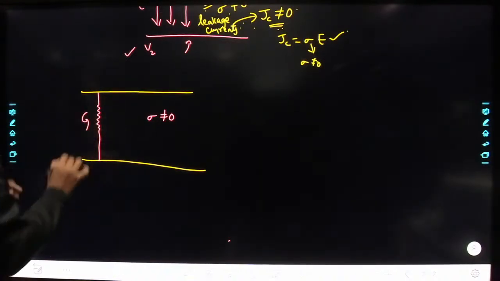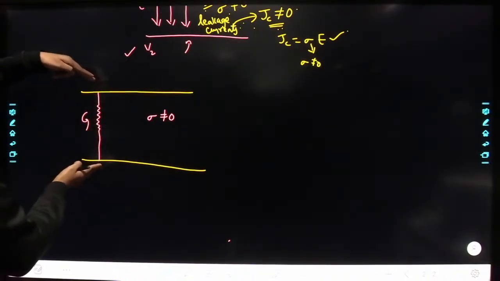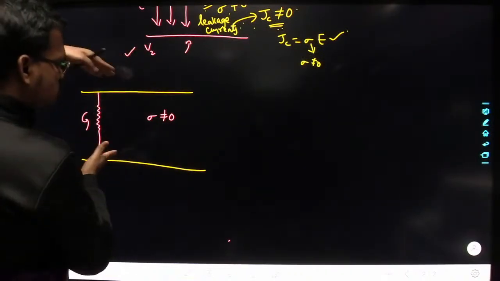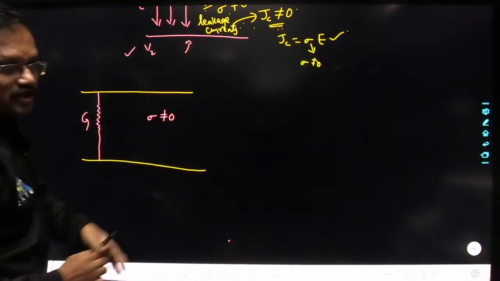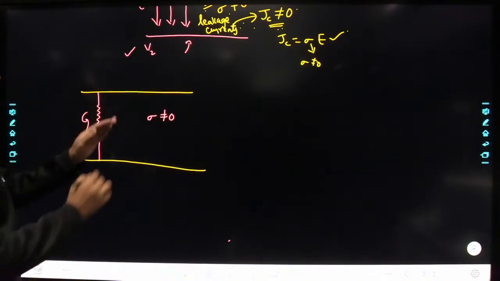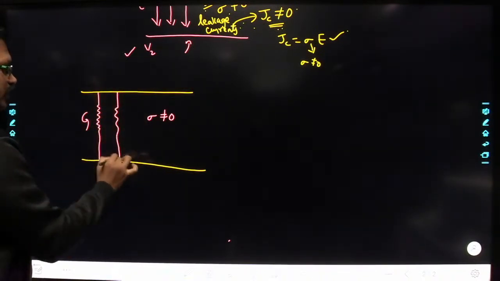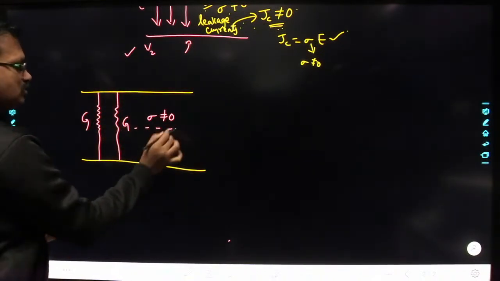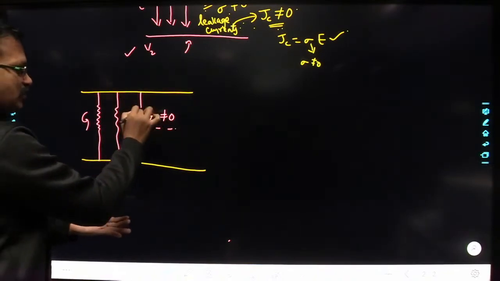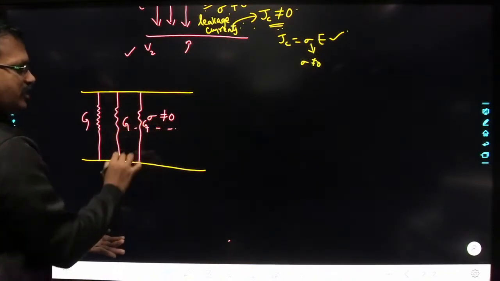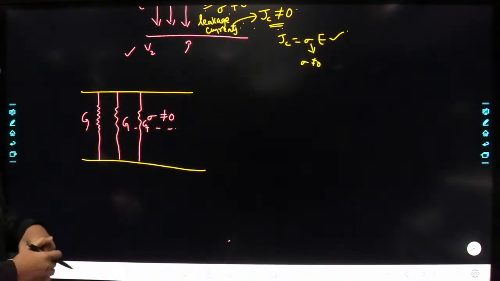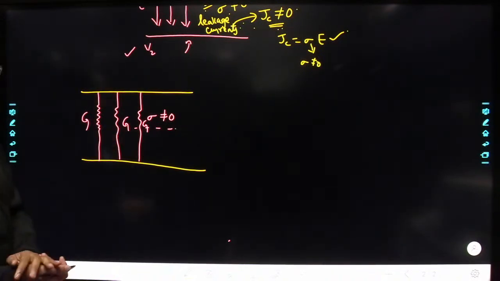This conductance is not only located at one location, it is distributed throughout the transmission line. Yes or no? Across the transmission line there will be a conductance, which is represented with G.